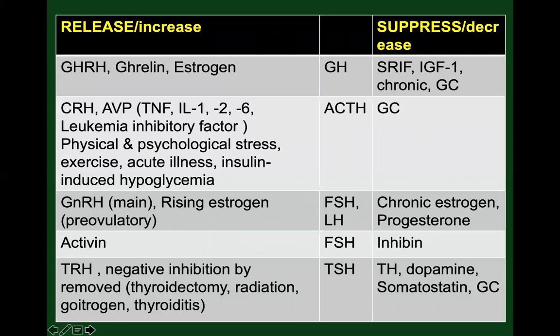This is very important so that the function of your anterior pituitary hormones would be in balance, because any imbalance, like an overproduction of one hormone, can cause hypersecretion and hyperfunction, and a decrease in the hormone will cause an undersecretion and will cause hypofunction.